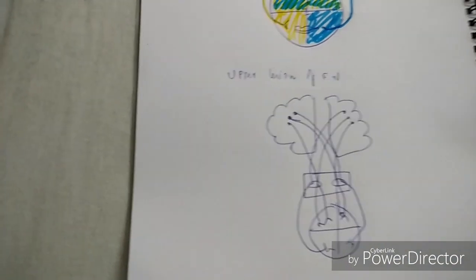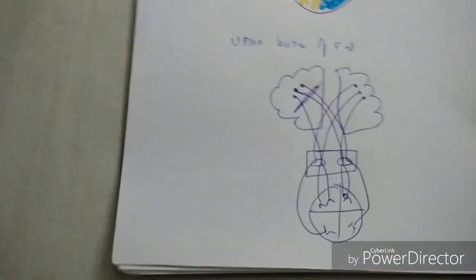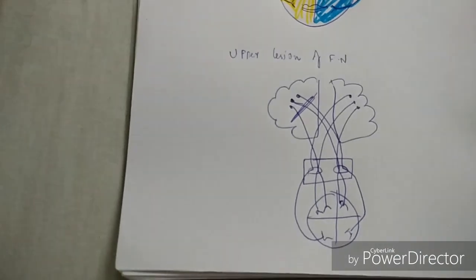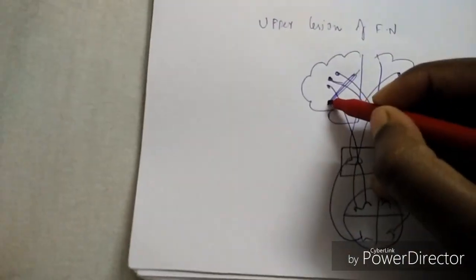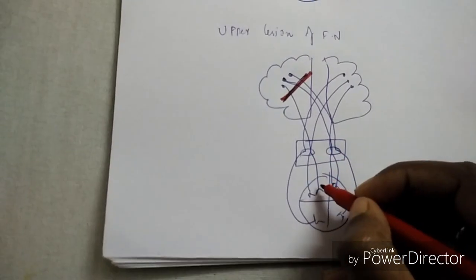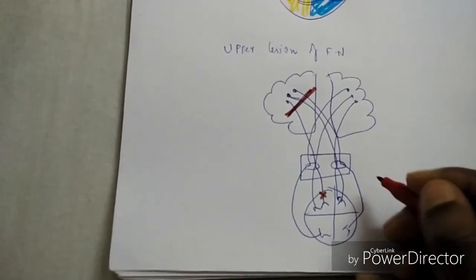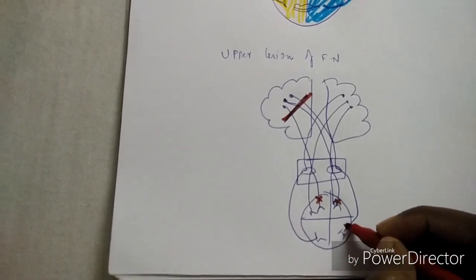Now, if there is a lesion here, if these fibers are cut, what supply is lost? The supply to this is lost, this is lost, and this is lost.